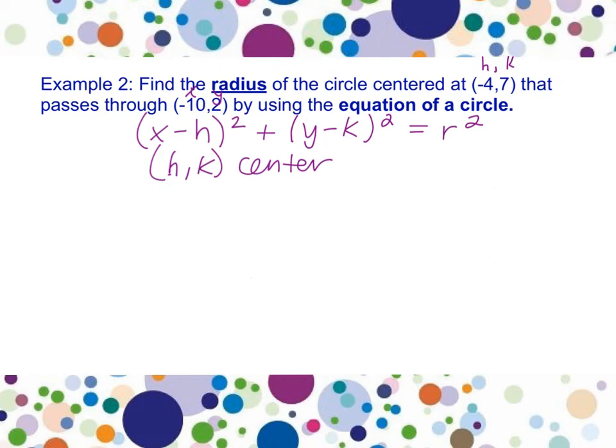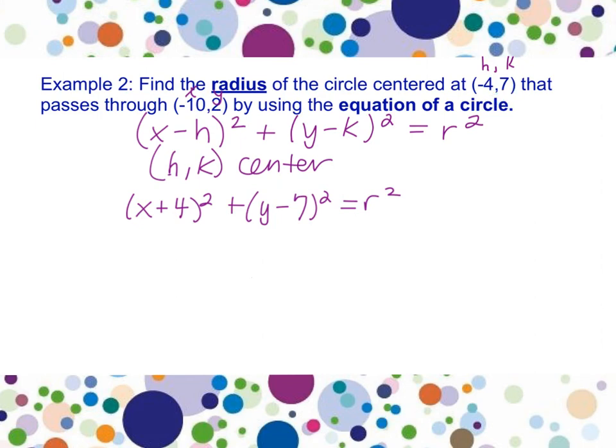You could probably do this in one step, but I'm going to start by saying x minus -4, which is the same as x plus 4 squared, plus y minus 7 squared equals r squared. And again, I'm getting that 4 and 7 from the center. That's a positive 4 because the center's x-coordinate is negative. And then when we have y minus 7, that's a positive 7 for the y coordinate of our center.